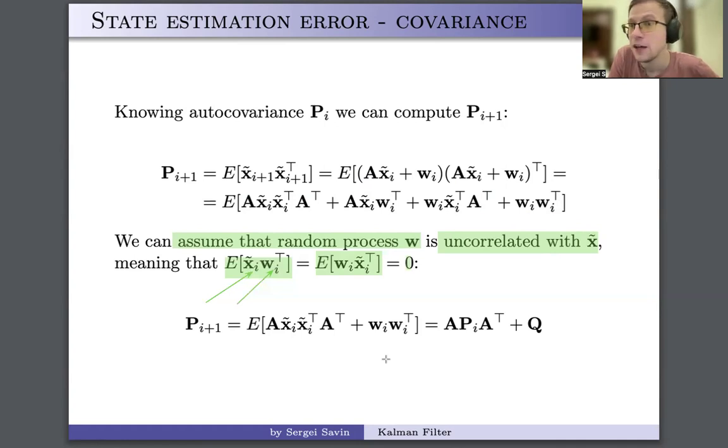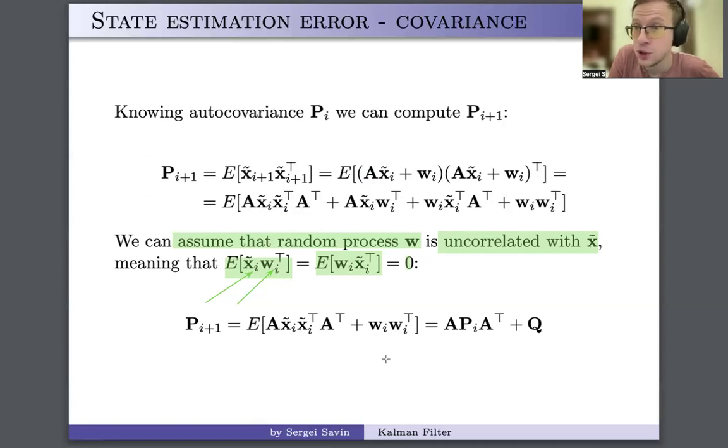What actually is going on here is this. X sub I, specifically x sub I tilde, is itself a random variable. Assume you have to perform 1,000 experiments. You have the same robot, let's say an autonomous car, and you drive it 1,000 times. Your initial state estimation error is sampled from a Gaussian distribution with P0 as its covariance and 0 mean.